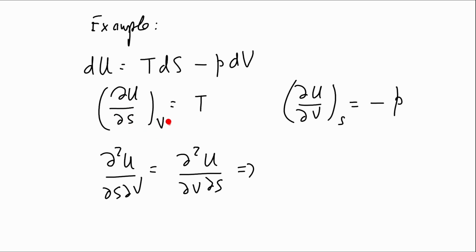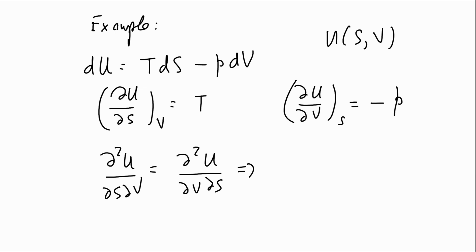If in the basement of the expression there's an s and a v, you should think, oh, s and v, those are the independent variables. What function has s and v as independent variables? U, the function u. U is a function of s and v, and that's why we can take that.